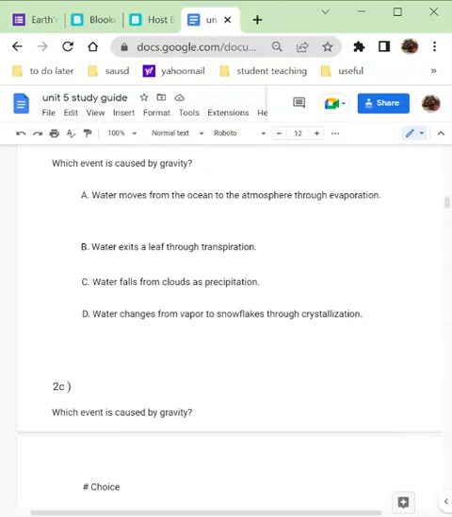In a way, water exits a leaf in all different directions, so it's not necessarily just gravity. With gravity going down, we'll look for something that's going down. Water falls from clouds as precipitation. Yeah, right. The clouds form and then they get heavy, and soon water will result in that.